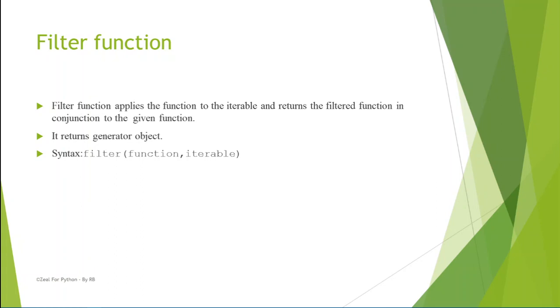We have a large number of numbers, or a range of numbers, and from them we have a few conditions which we have to apply to filter out the different numbers or data. For that we can use a filter. Whatever your requirement is, that requirement is written in your function, and that function will be applied to the large range of numbers or your iterable, and it will filter the values which you require.